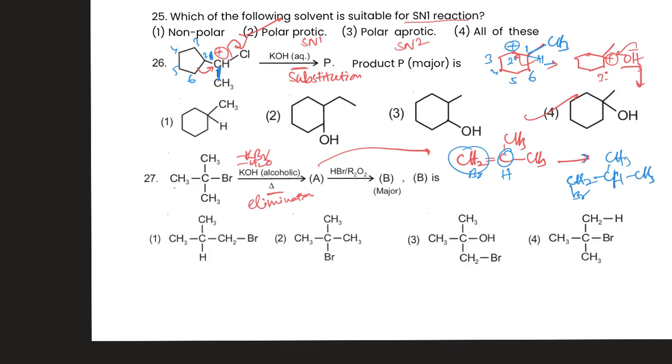Like this, which compound is given? Br is on the first one, the reverse is given. This is the first one applicable. Here OH is the wrong answer. Here Br on the secondary, sorry, tertiary carbon is the wrong answer. So the answer is the first option.